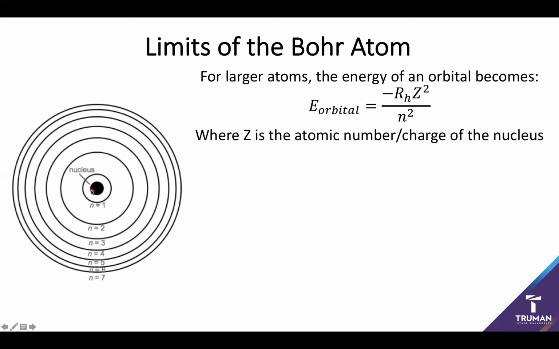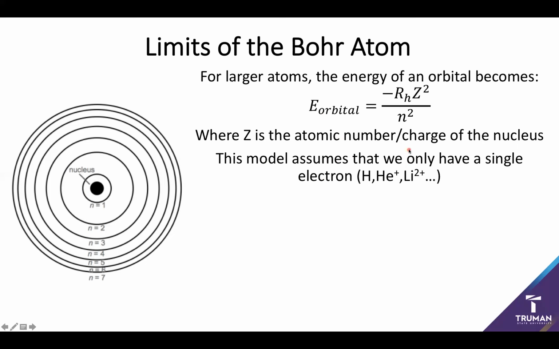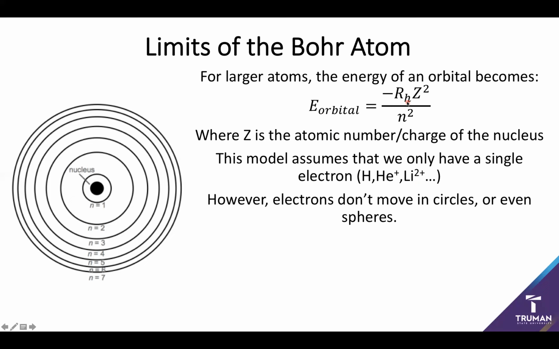The more charged the nucleus, the more the electron wants to be near the nucleus. And again, this model does assume we only have a single electron, so our hydrogenic systems. Otherwise, most of our equations are going to operate just the same way. Just tag in a Z squared next to the Rydberg constant to help modify the behavior.